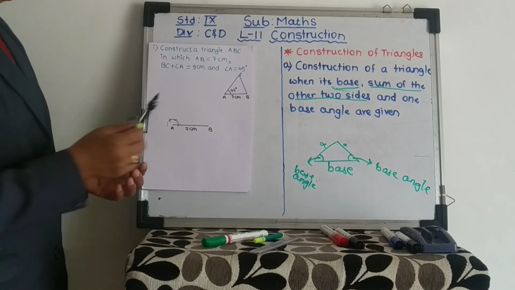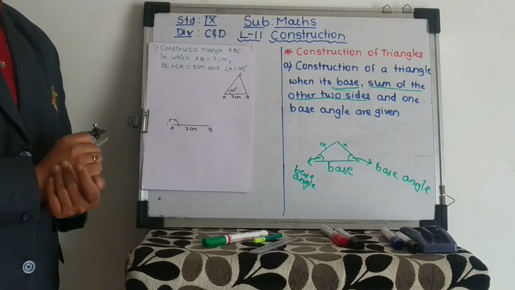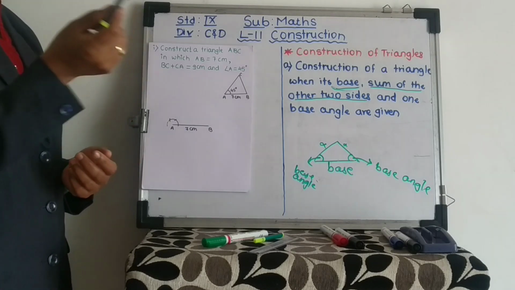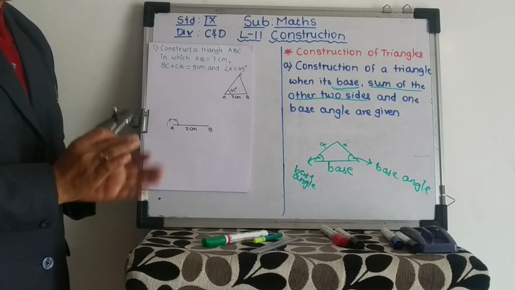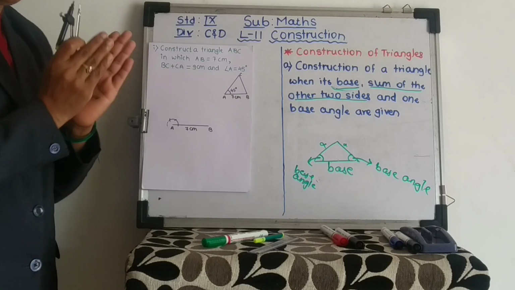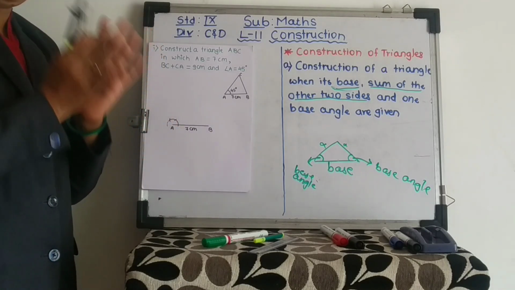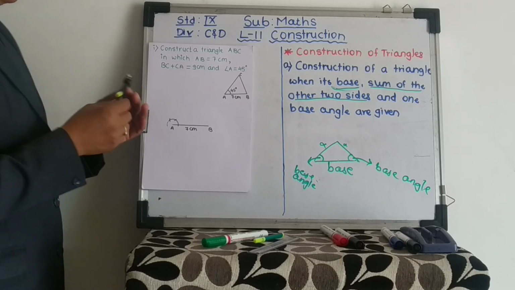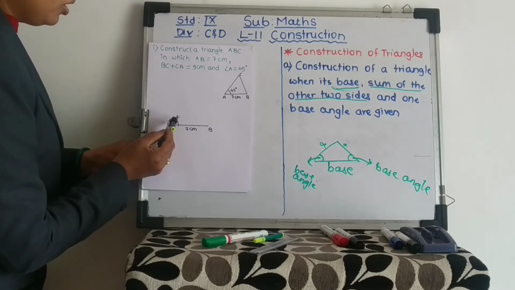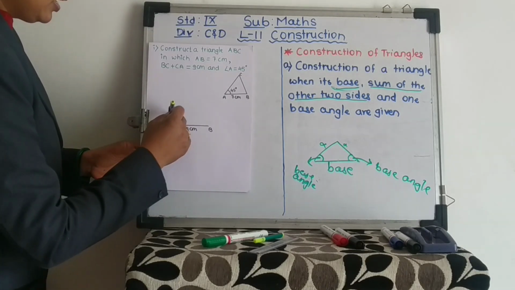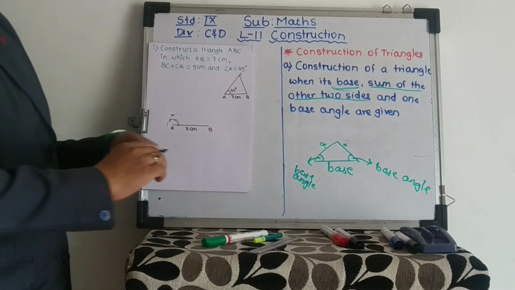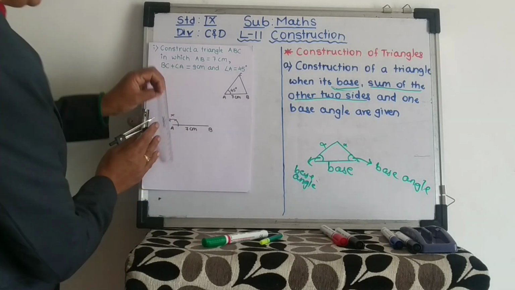Likewise we got it. Now, how can we directly draw 45 degrees with the help of a compass? We can't. For that purpose we have to construct 90 degrees, and then bisect the 90 degree angle, so we'll get a 45 degree angle. So let us draw the 90 degree angle first.